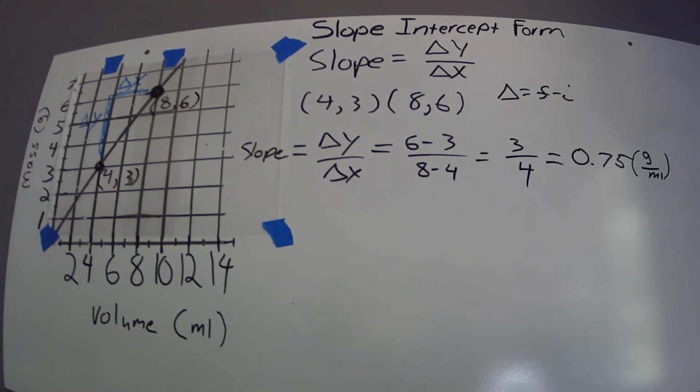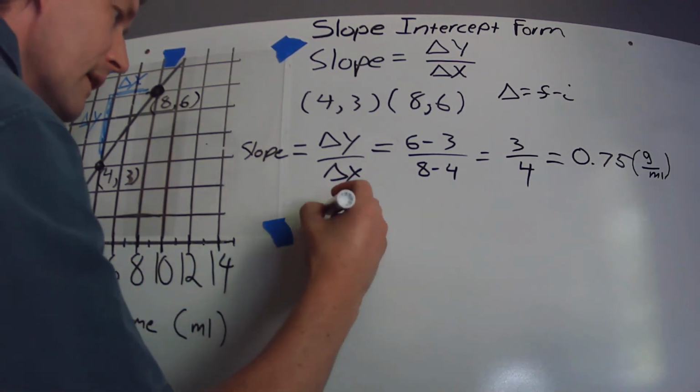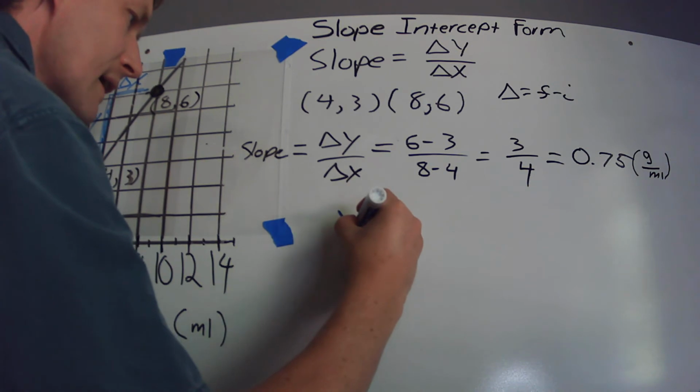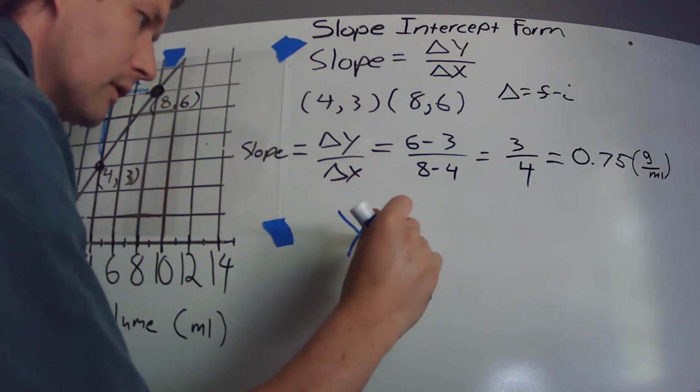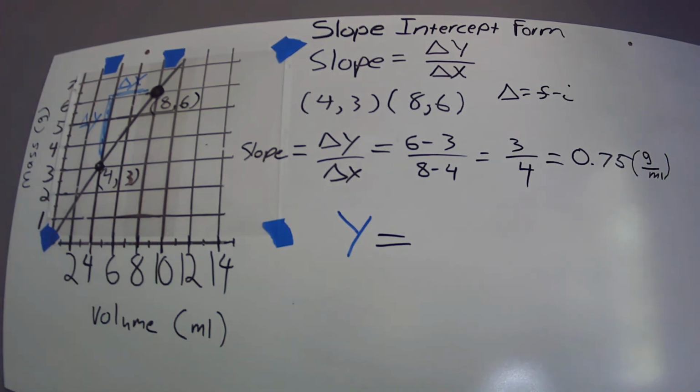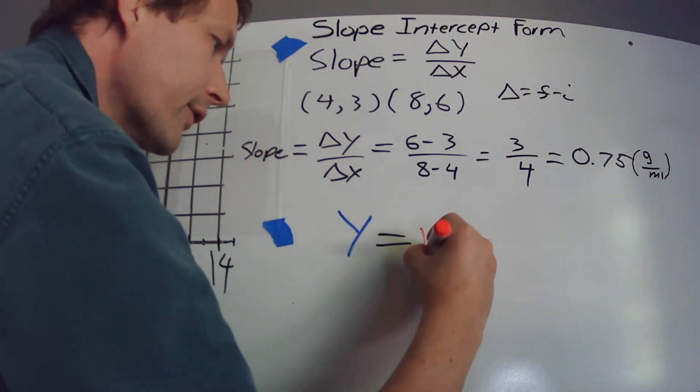Now the whole point of this process was to show you how to write slope-intercept form, so let's work on that now. Remember that slope-intercept form is y equals mx plus b.